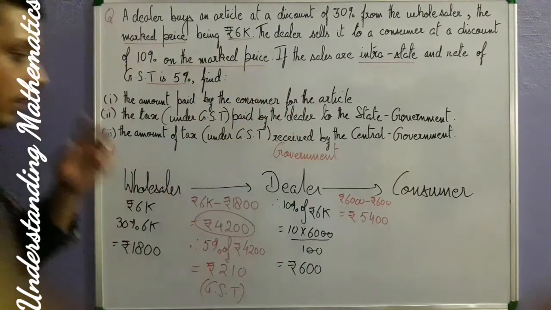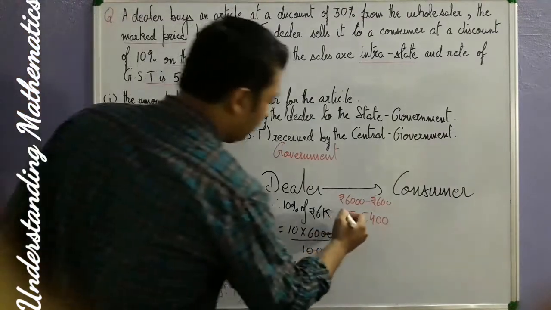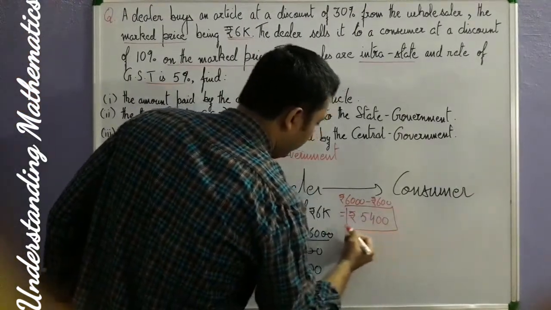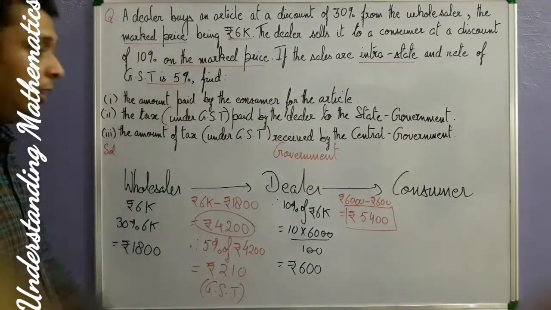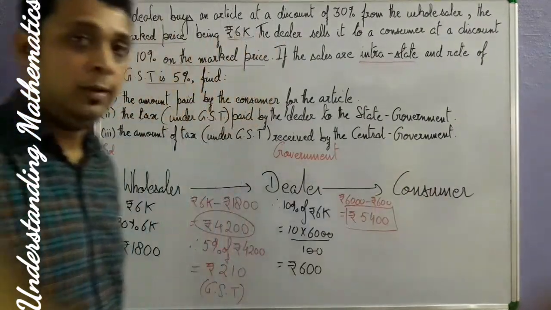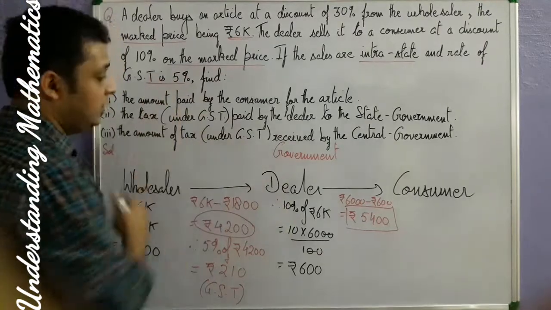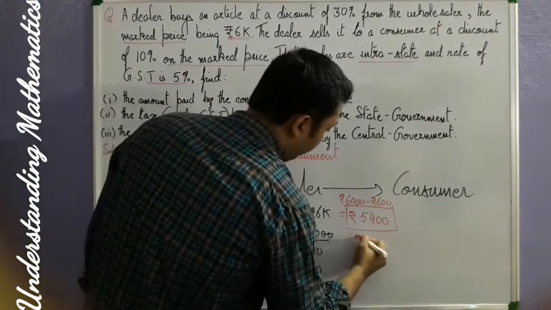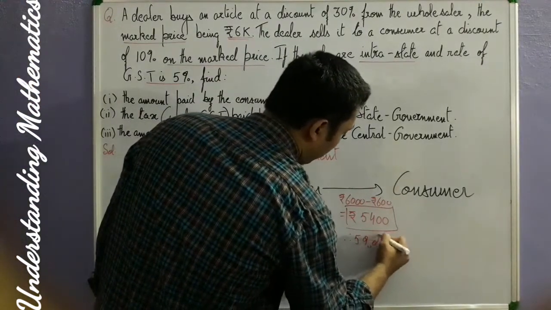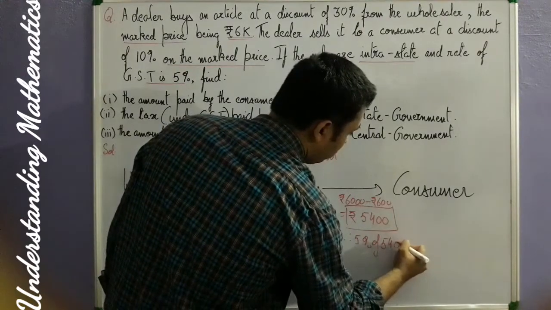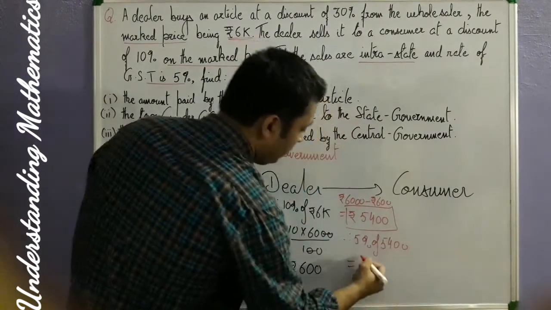5,400. Clear? So this is the amount which is seen by the government when the dealer sells it to a consumer. Clear? Now what is happening? Now again GST is applied. So therefore 5% of how much? 5,400 will give us how many rupees?